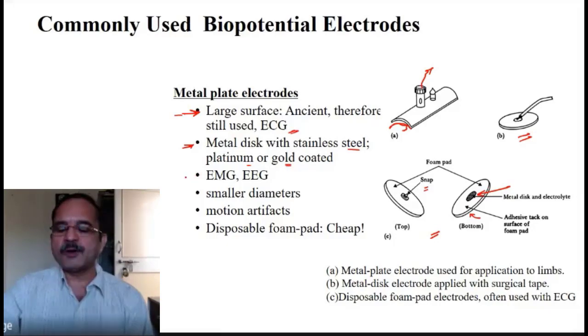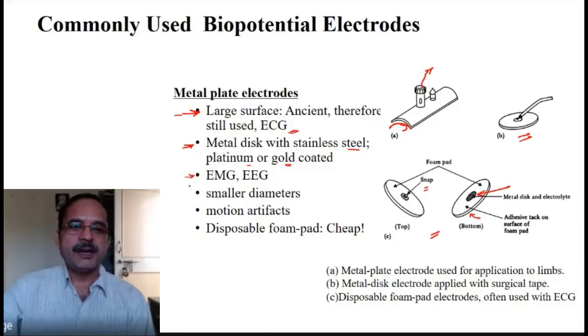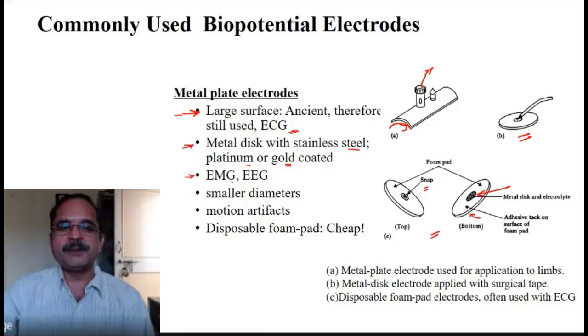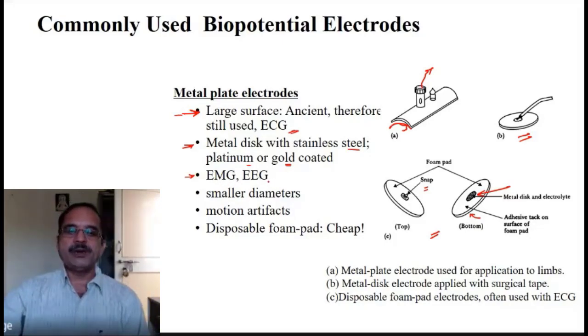The applications are for EMG and EEG. EMG means electromyograph, for measurement of potential from the muscles. And EEG stands for electroencephalograph, which, as we have seen earlier, is for the brain signals.